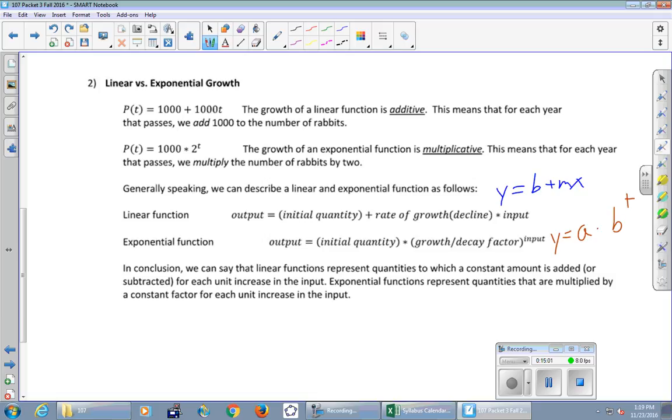What's the initial? It's 1,000. It's the a. It's the number sitting there beside the 2 to the t part. Okay, the growth or decay factor is what letter? B. What was it for the second rabbit equation? 2. Just a factor, meaning you multiply over and over again by 2. Okay, and then raised to the input, that's our t, number of years.